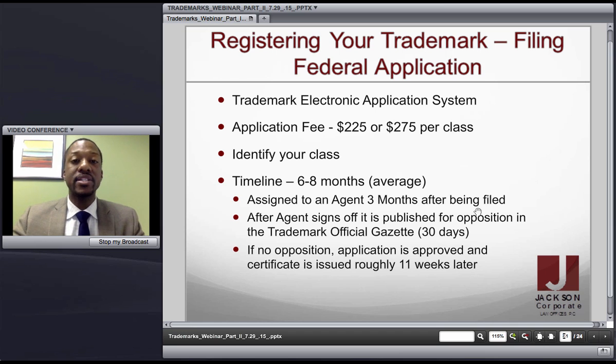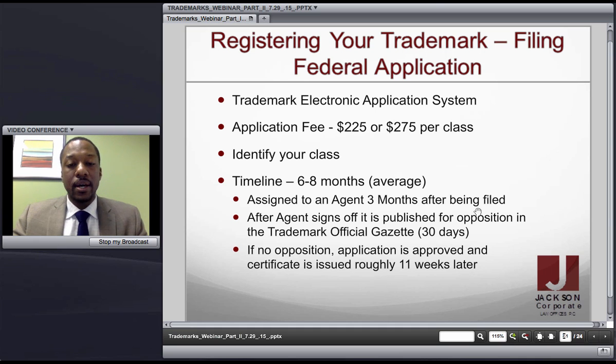Now, once the agent has approved the application, it's published for opposition in the Official Gazette. This is the time period where it puts everybody on notice that you are filing this trademark. So if anyone feels like it infringes on their trademark during this 30-day period, that's when those individuals are able to come forward, voice their opinion, and submit an opposition to your application.